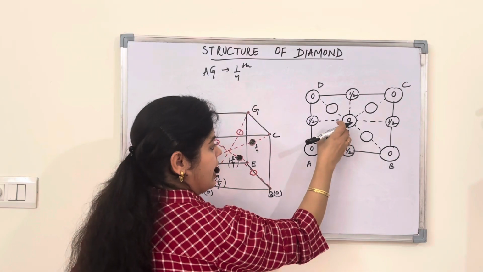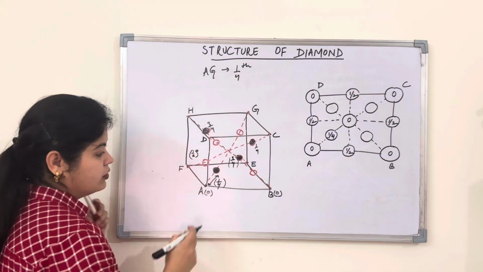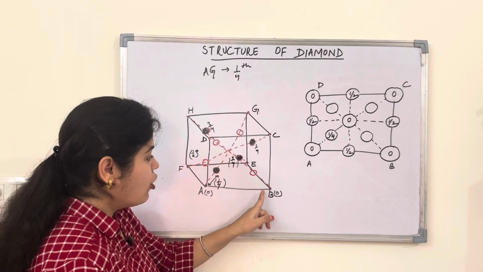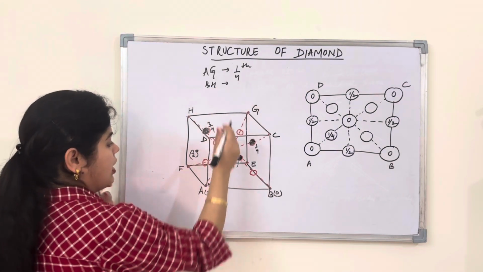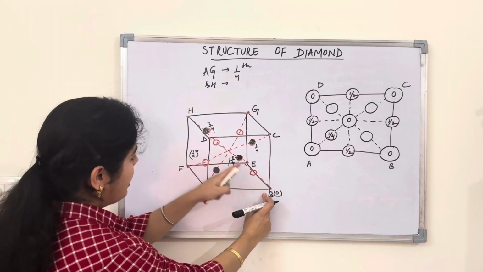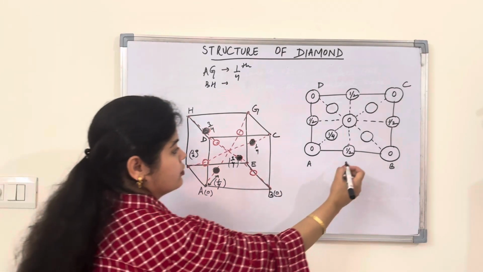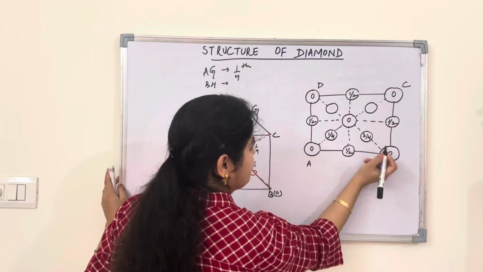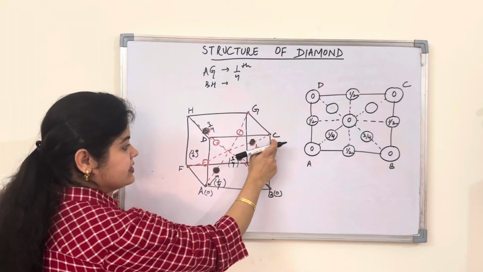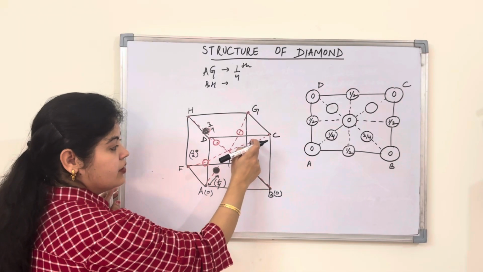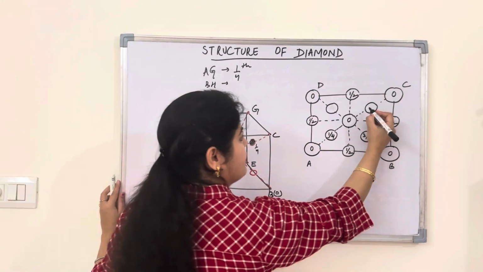I have my atom at 1 by 4. Now come to B. On the diagonal BH, I have my atom at the position 3 by 4. So this will be 3 by 4. Now come to C. At C, I have an atom which is taking up the position 1 by 4.